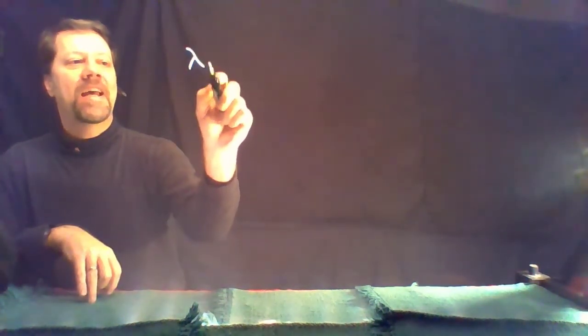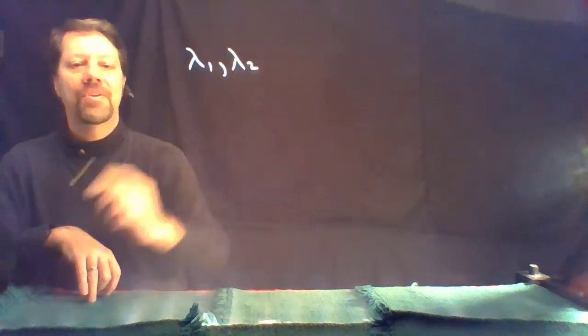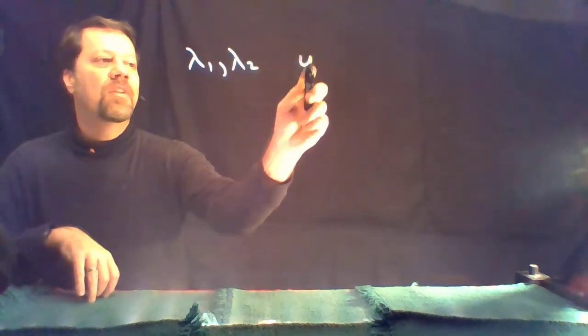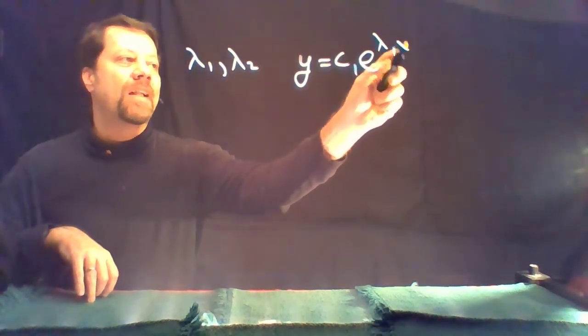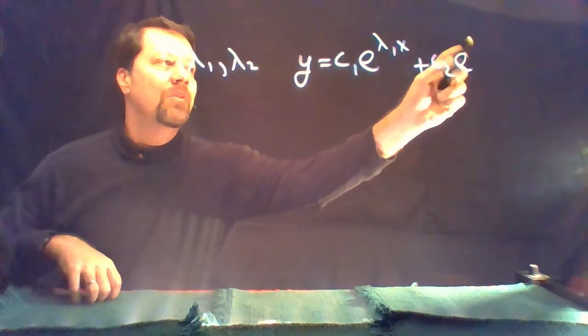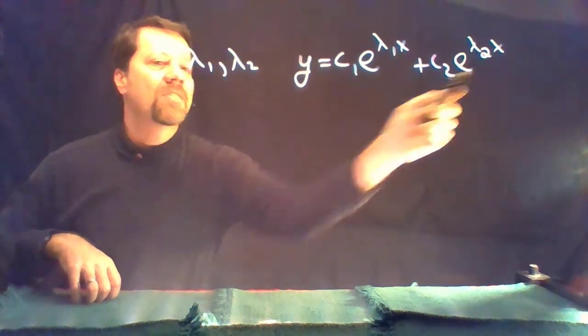In the case that we have real distinct solutions to the characteristic equation, the general solution takes the form C1 e to the lambda 1x plus C2 e to the lambda 2x.